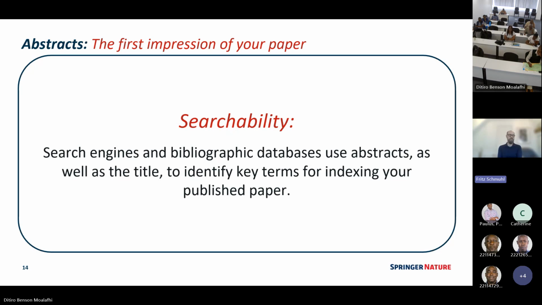So bear in mind not to have that too long. And very importantly, in the abstracts, particularly in the bibliographic databases, all your keywords, same as in the title, need to be put in there so that the search engine can identify your article very easily.